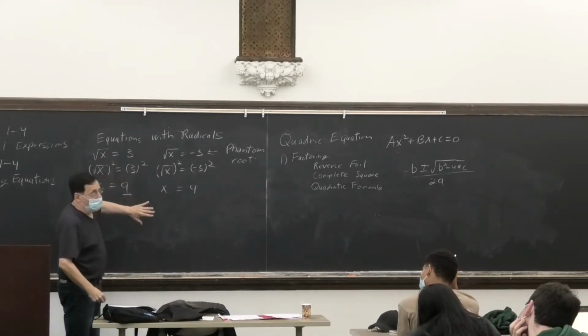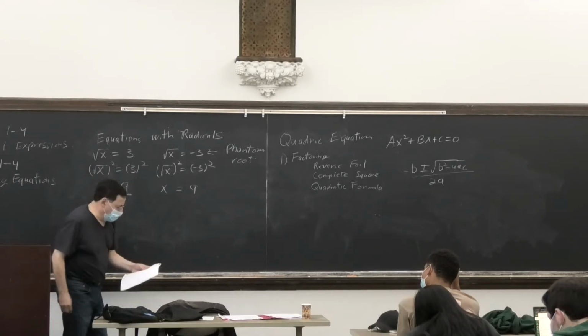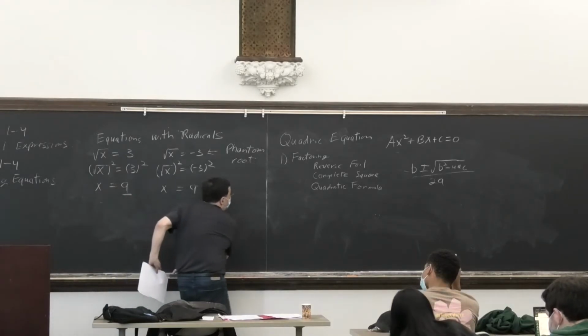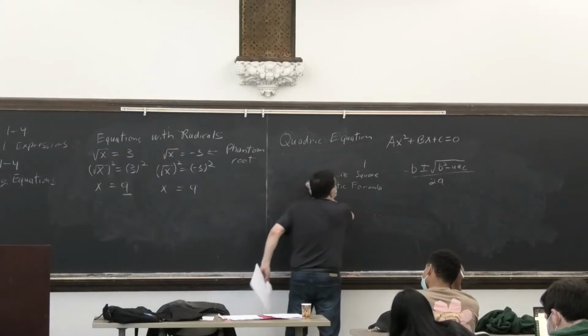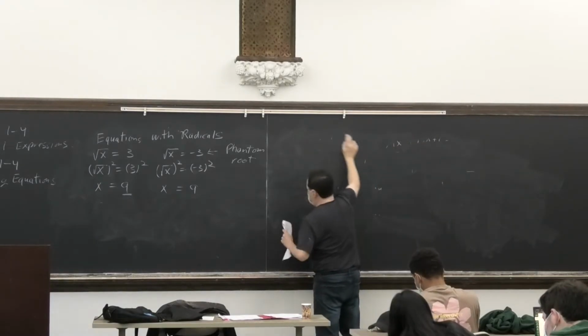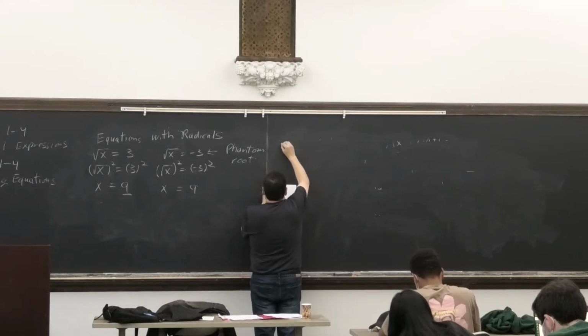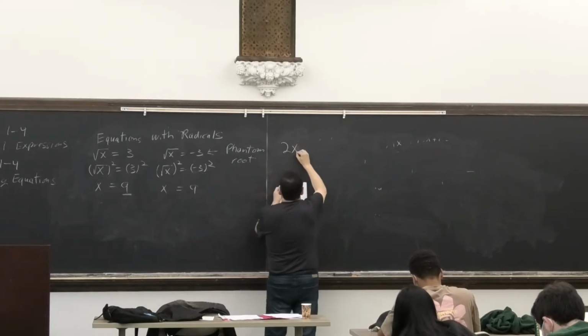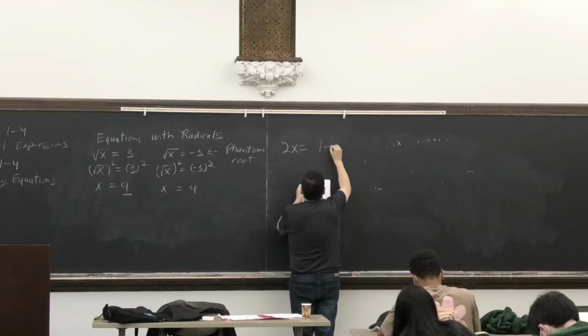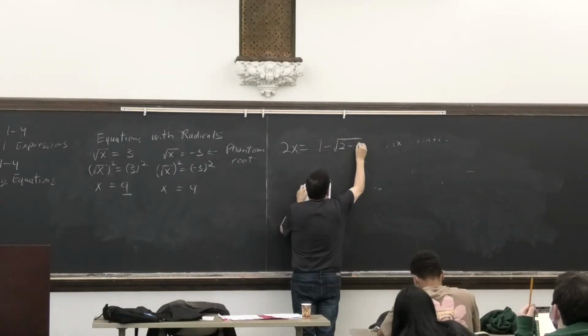Now this is way too easy an example that you would ever be fooled by, but let's at least look at something a little more complicated. So let's say we have 2x equals 1 minus square root of 2 minus x.